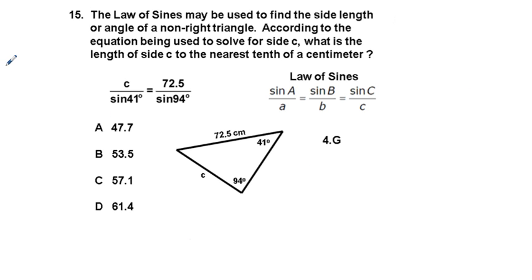Next, 15. Law of sines is used to find the side length or angle of a non-right triangle. According to the equation being used to solve for side C, what is the length of side C? And there's 10 centimeters. Here, we haven't really gone over the law of sines, but I just presented this as an equation. We can just solve this equation right here. We can cross multiply the sine 41 degrees, or we can just use numerical solve. I guess I'll try to do that.